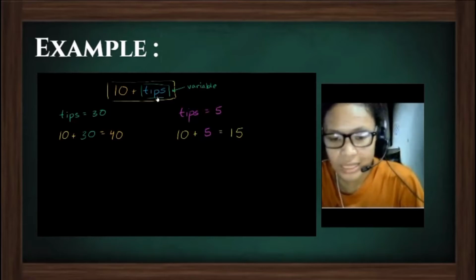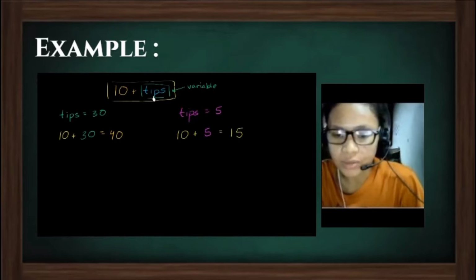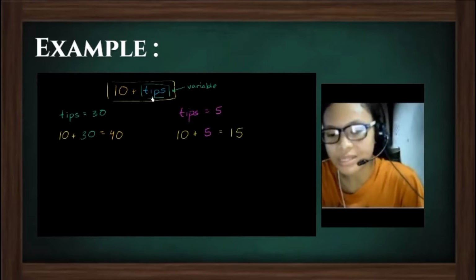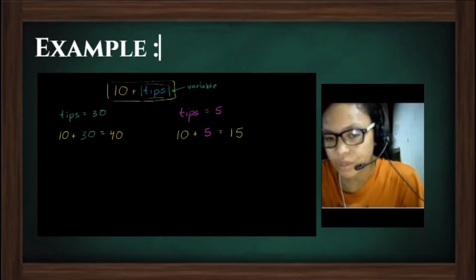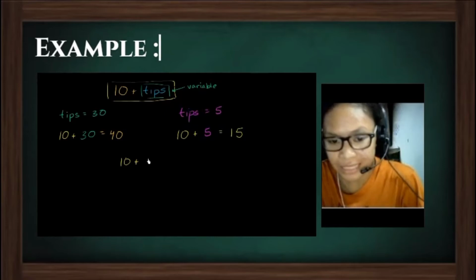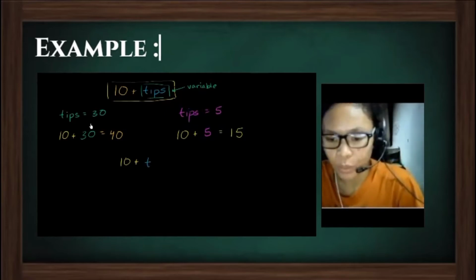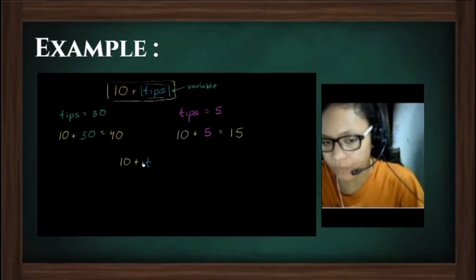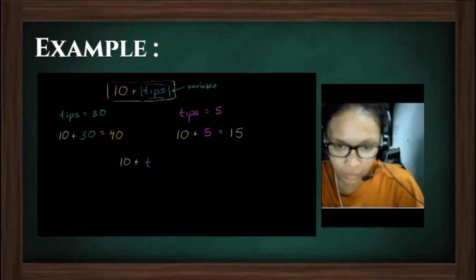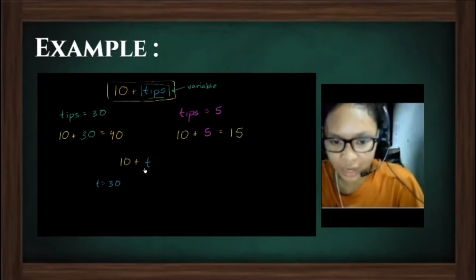You won't typically see a word used in math as a variable. Instead, we tend to use easier to write symbols. So for this instance, we could have 10 plus t, which represents the tips we earned in an hour. For example, a while ago we had tips of $30.